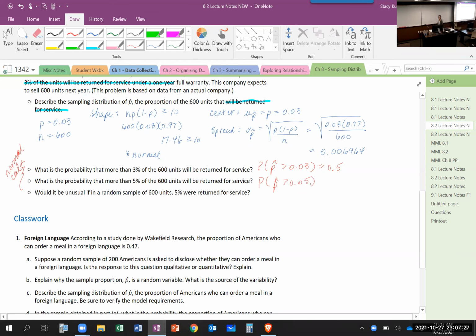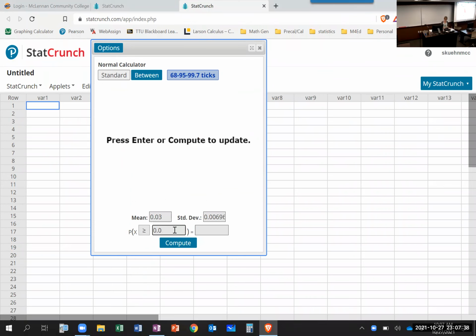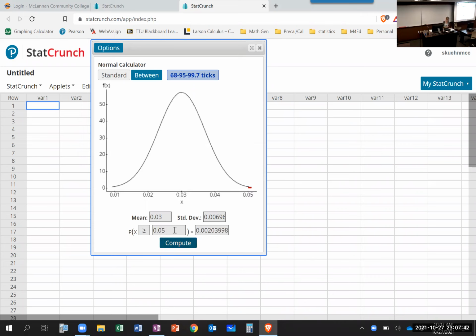What's the likelihood that I get 5% of a 600 unit lot returned? So all I have to do is come back and change from 0.03 to 0.05. Now what do we get? 0.002? Yeah, 0.002.